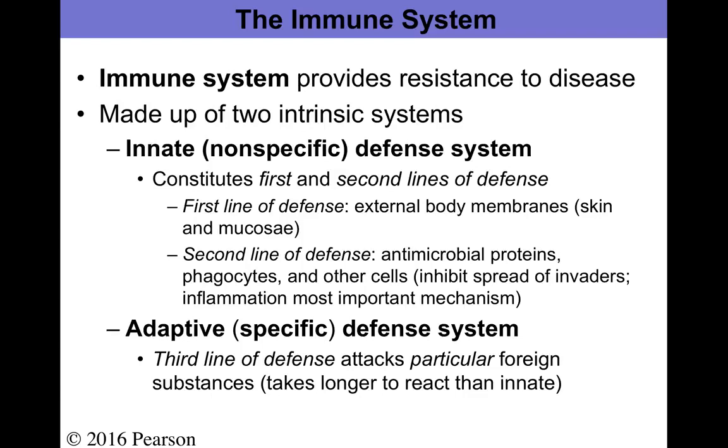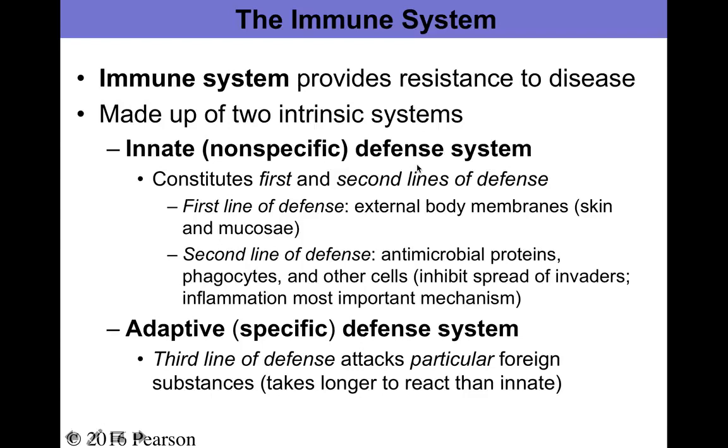Adaptive is also known as a specific defense system. It is a very particular immunity that targets a very specific antigen, and it takes a longer process compared to a more basic version of our defense, which is known as the innate or non-specific defense system.